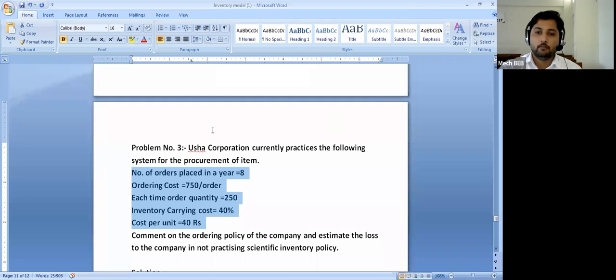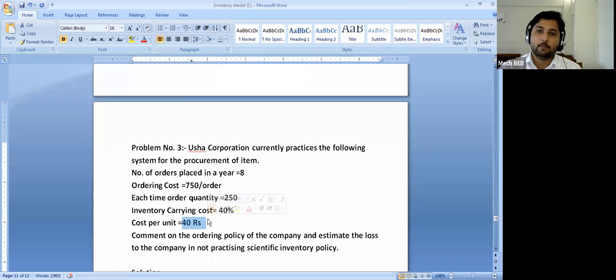The second is inventory carrying cost. This inventory carrying cost is 40% of cost per unit. Or we can say it is the average inventory multiplied by inventory cost.